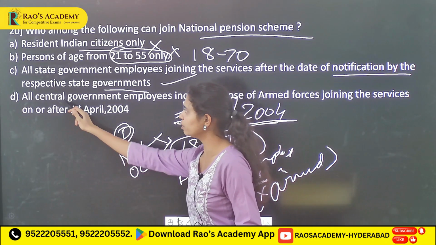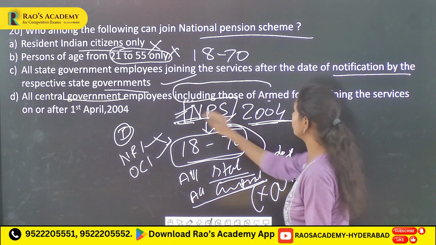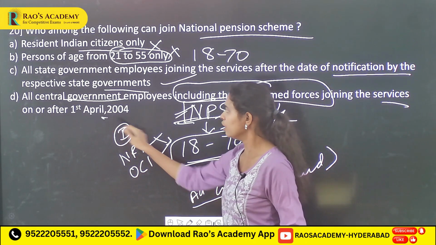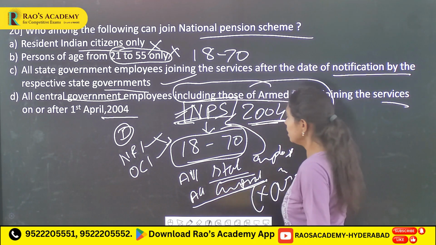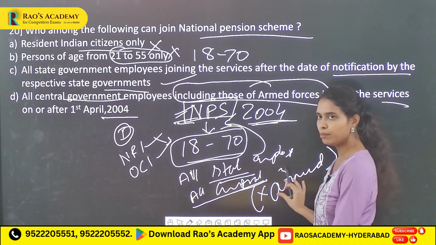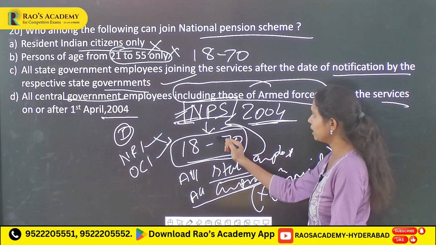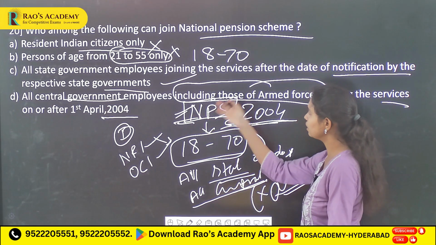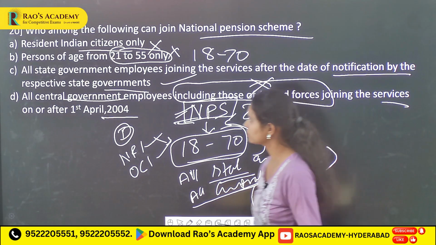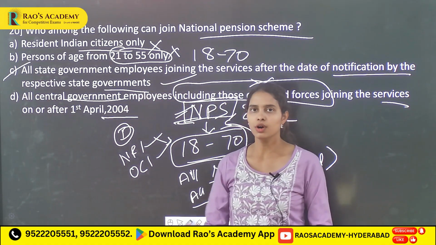Then followed by all central government employees including those of the armed forces joining the services on or after 1st April 2004. Usually under this scheme all the central government employees except the armed forces are applicable, but here it has given the inclusion of the armed forces. So it makes the statement incorrect. So option C is the correct answer with regard to National Pension Scheme.